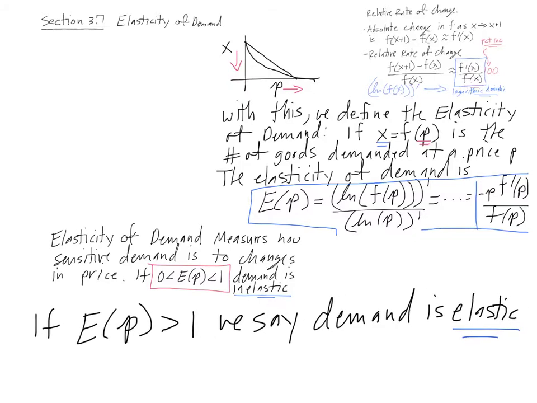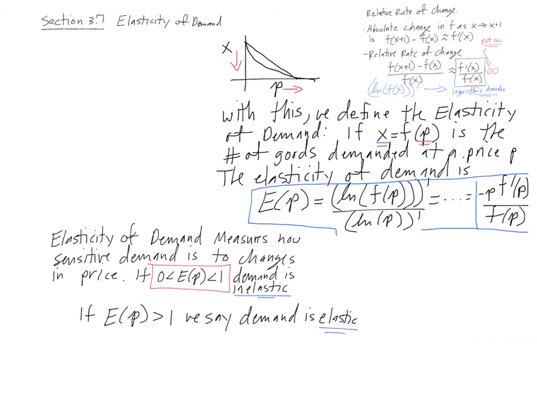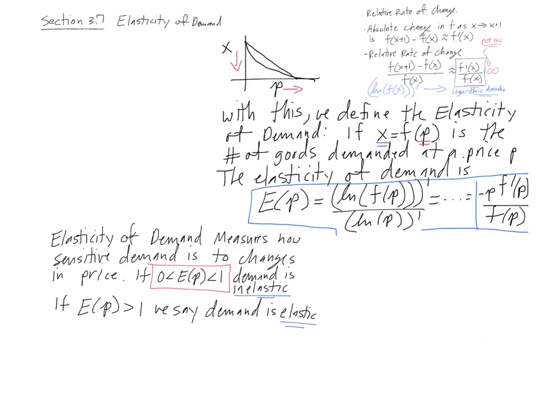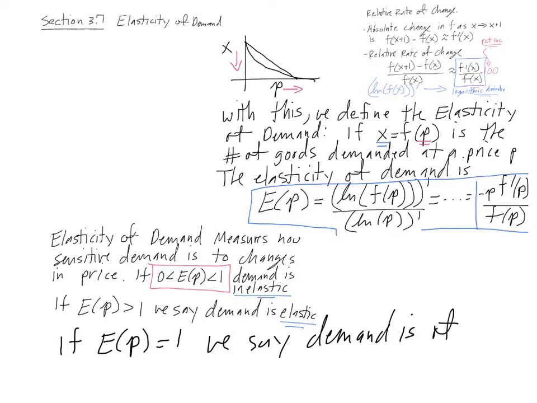And if elasticity of demand is 1, we say demand is of unit elasticity. Okay, and that is just a borderline case. Unit elasticity. Okay, all right, let's move on to a different slide here.